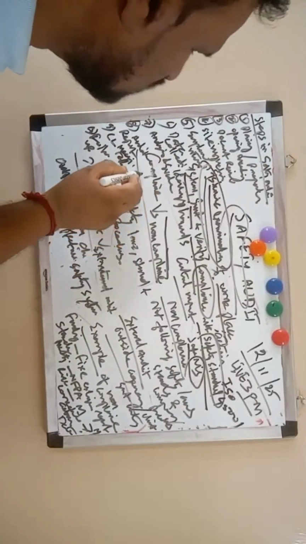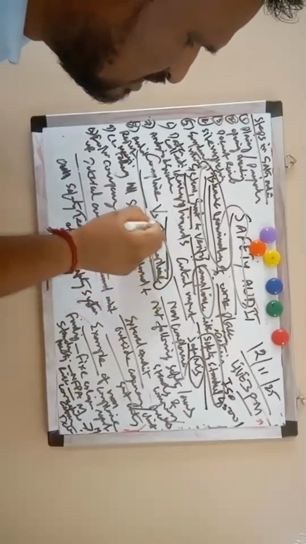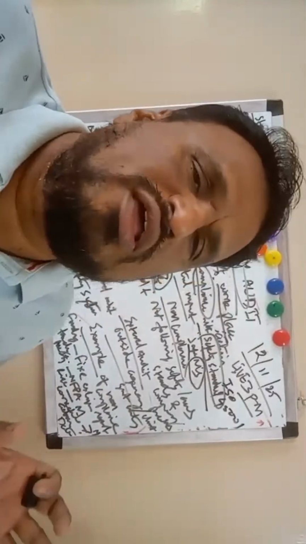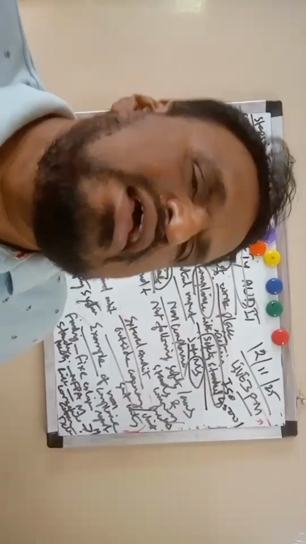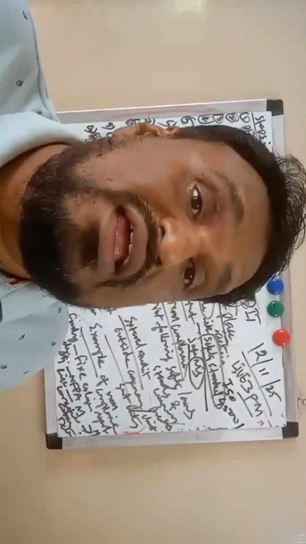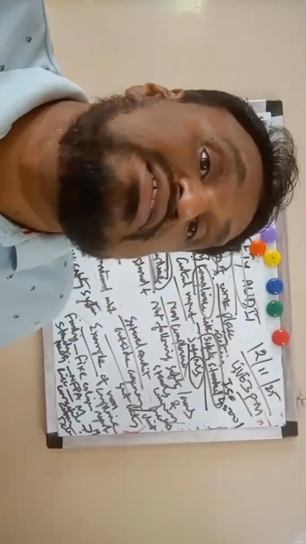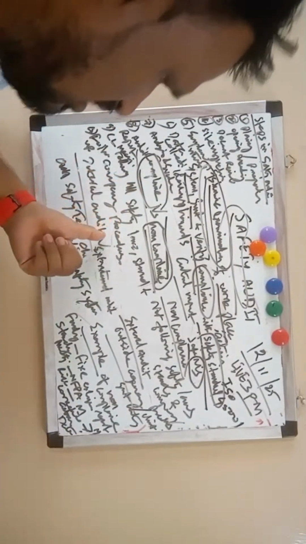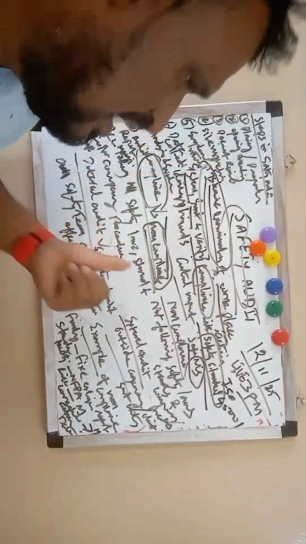Okay, here are some of the words we have: compliance versus non-compliance. What is compliance? What is non-compliance? If the company is following the safety standards and safety compliances, it's a compliance. If they are deviating from the company procedures, safety laws and standards, it's a non-compliance.